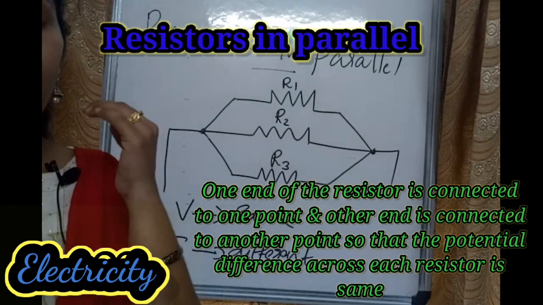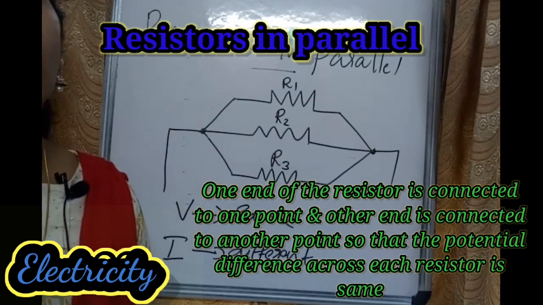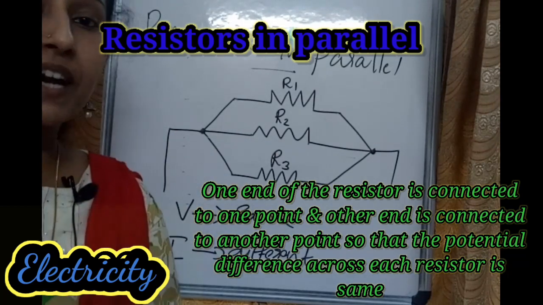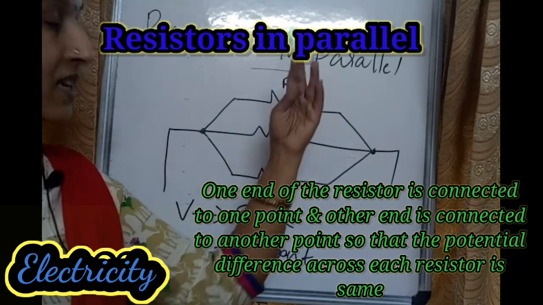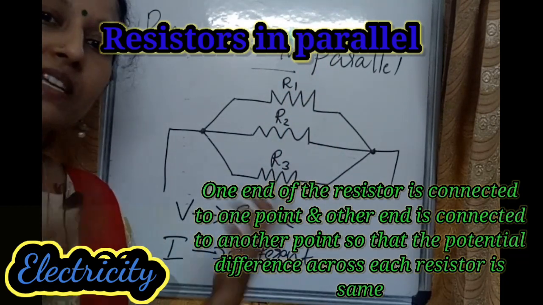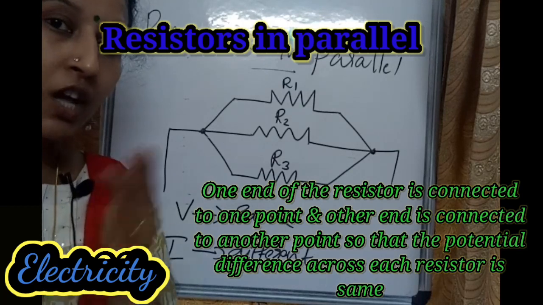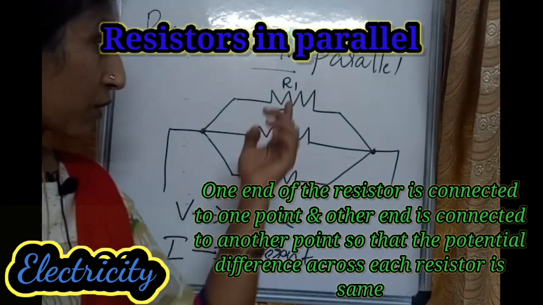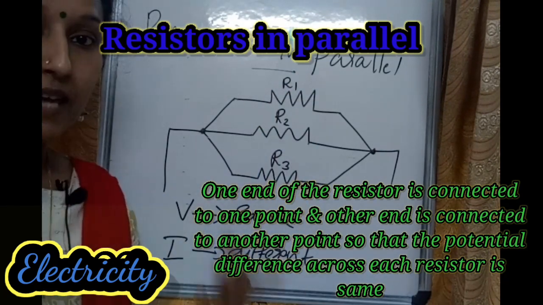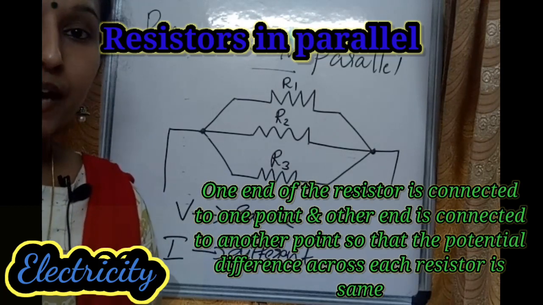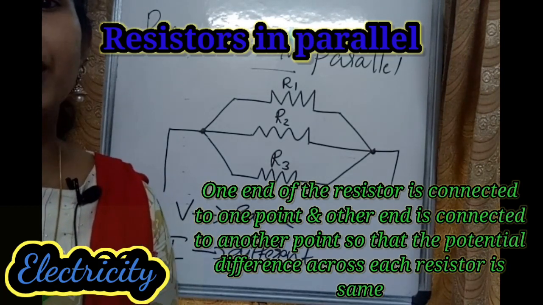You can see these three resistors, one end is connected to one point and the other end is connected to another point.